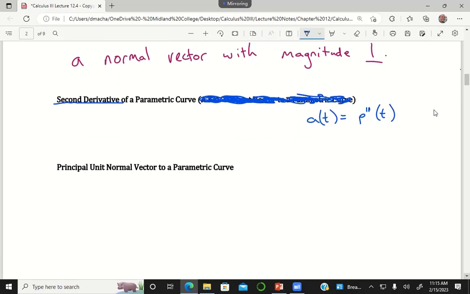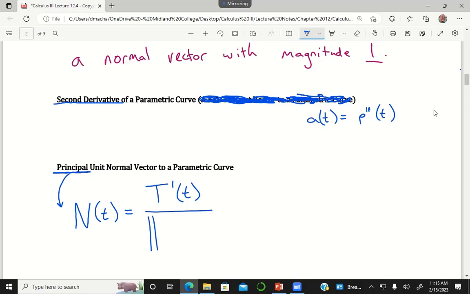So when we talk about the principal unit normal vector, we're going to represent it with a capital N. And the formula here is capital T prime of t divided by the norm of capital T prime of t.